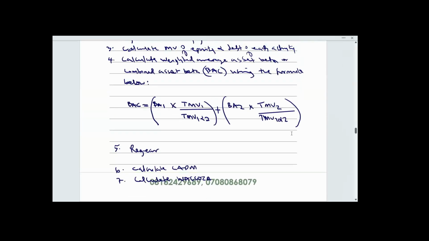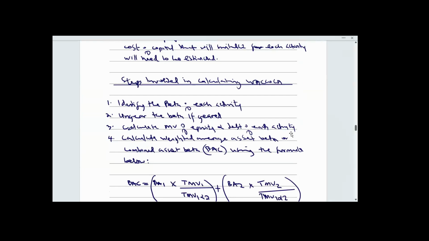Then step 7, you calculate WACOCA. That's it. These are the 7 procedures you are supposed to carry out.